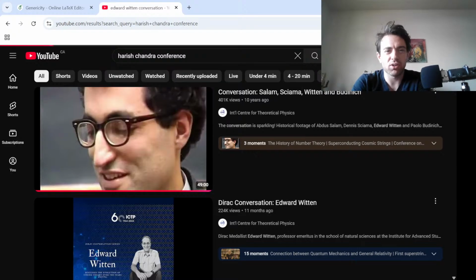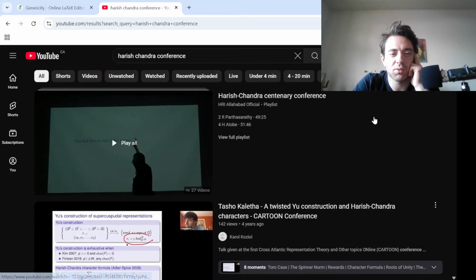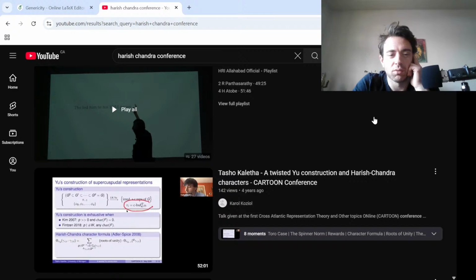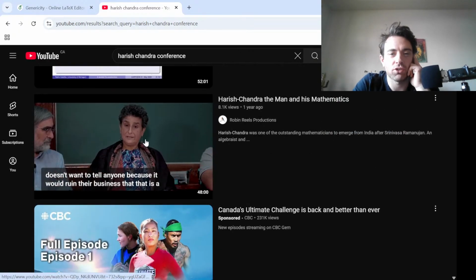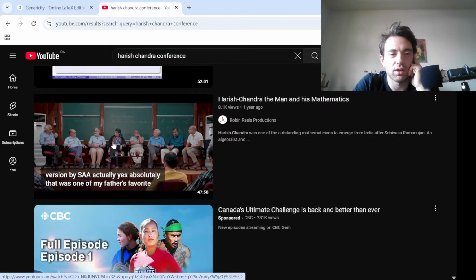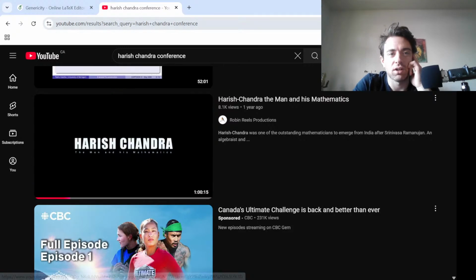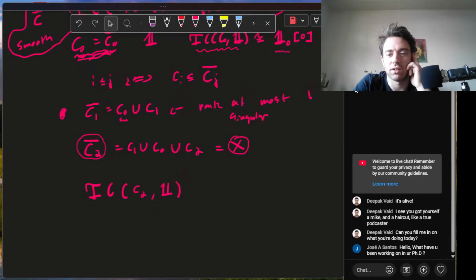It's a little more formal than that one. I would want to do one like the one I just mentioned. But there's this conversation. You can see there's David Vogan there. I think that's Harish-Chandra's daughter. A bunch of other absolute giants of mathematics. And they're just having a free-flowing conversation, and it's awesome.